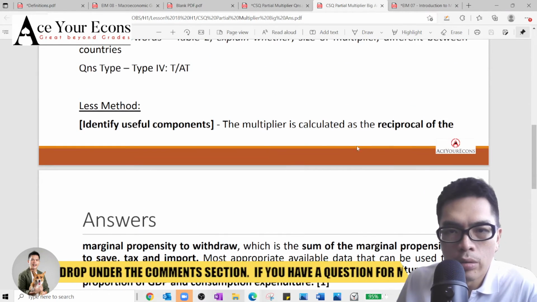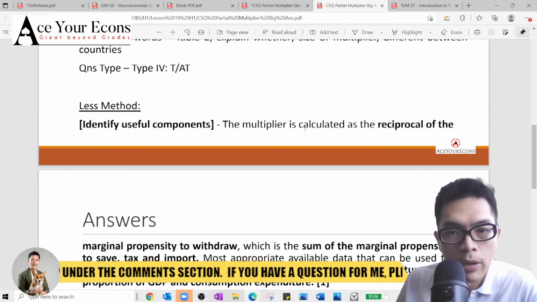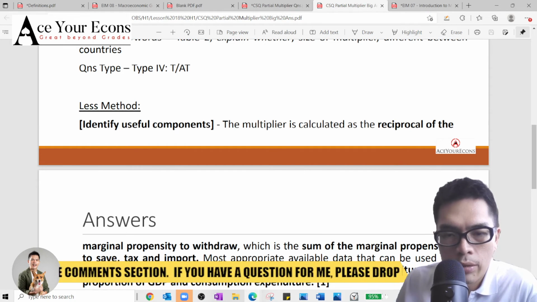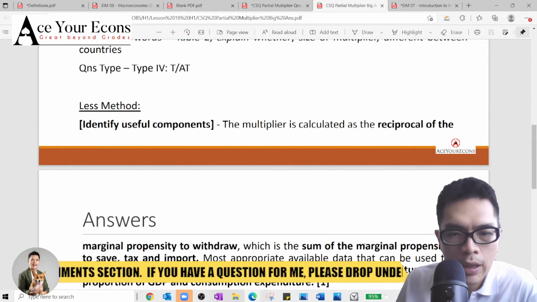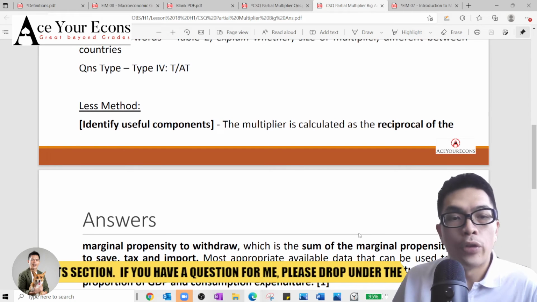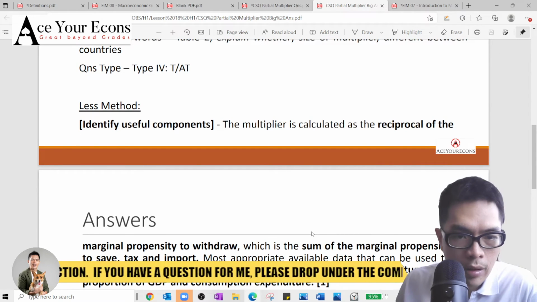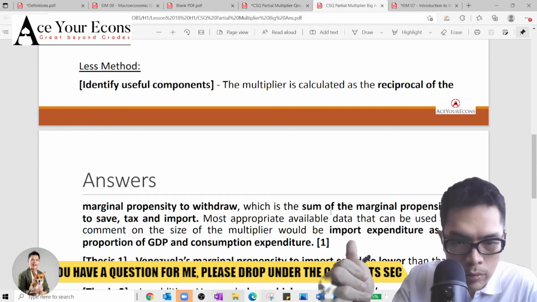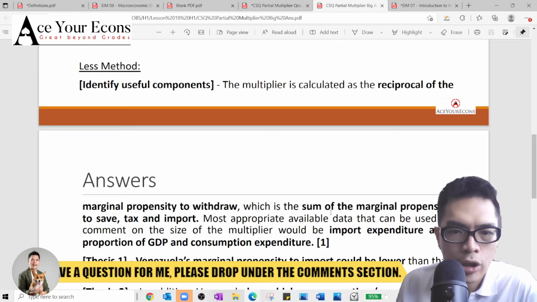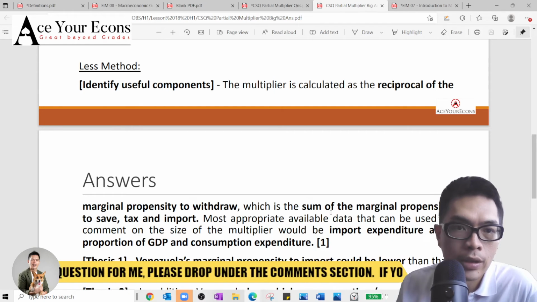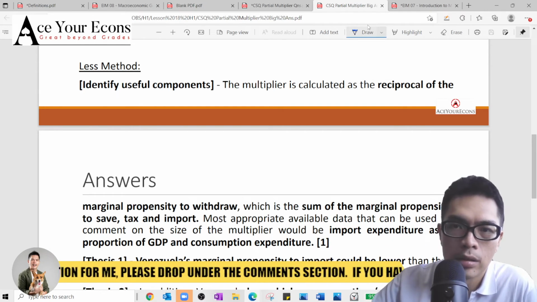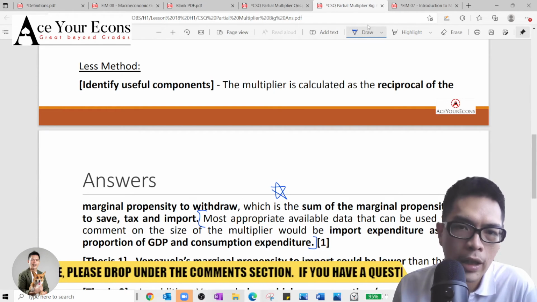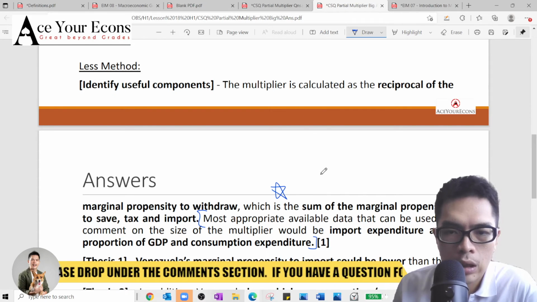You want to illustrate what the multiplier is: the reciprocal of MPW, which is the sum of MPS, MPT, and MPM. If you don't have this, it's also fine. But I would like to see that you identify consumption expenditure and import expenditure as the key evidence. This you must state. If you didn't define the multiplier, I think it's okay. This is the criteria.